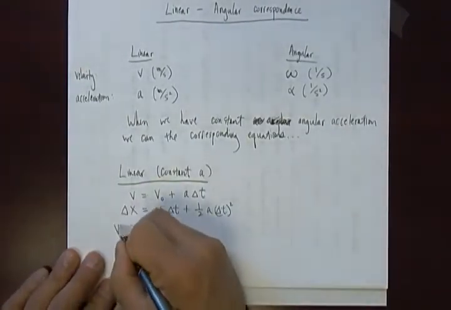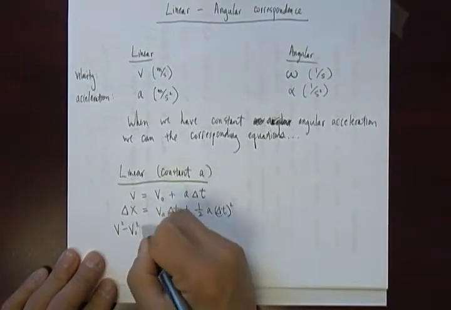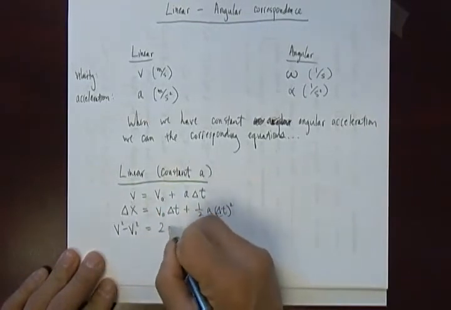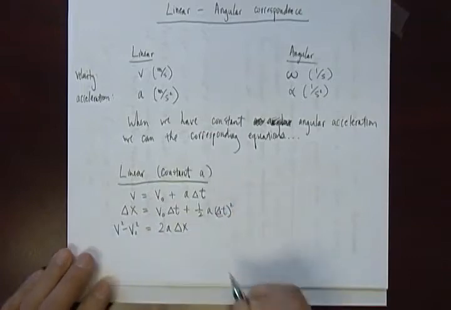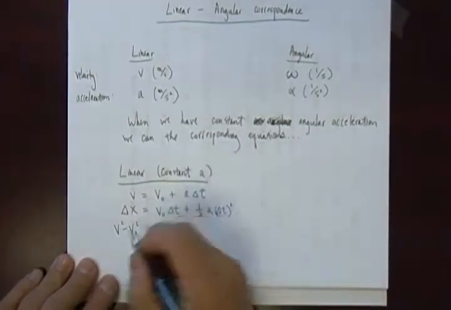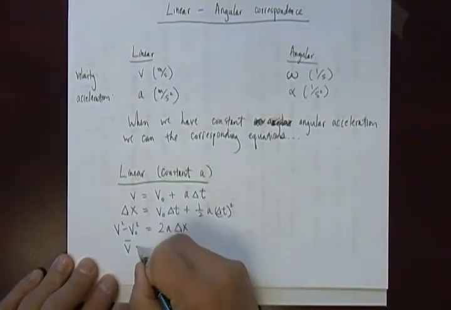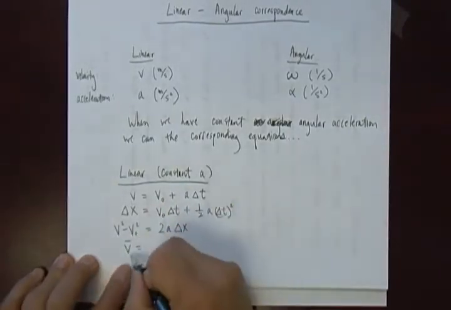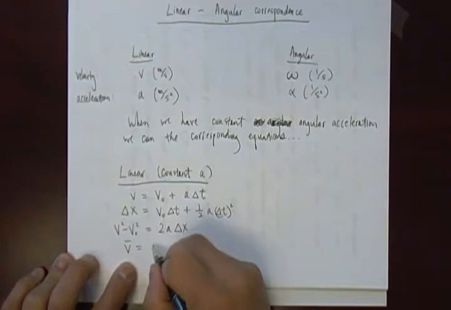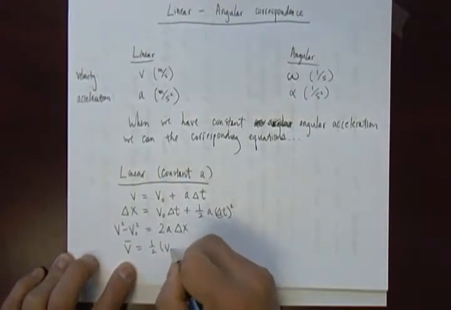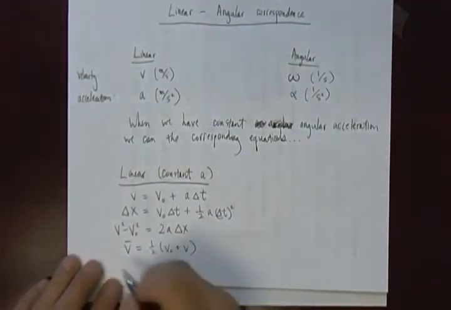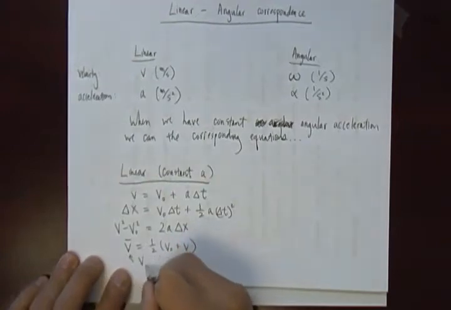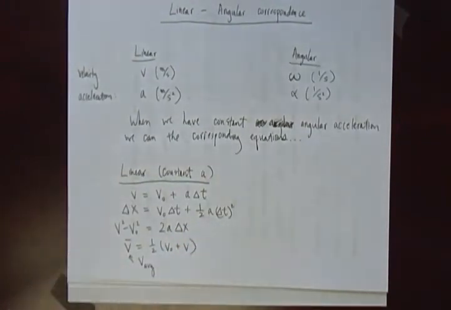We also had the V squared formula, V squared minus V0 squared is equal to 2A delta x. And another one, in case it's useful, V bar, the average: V bar is 1/2 (V0 plus V). By the way, in my notes I had it as V bar.